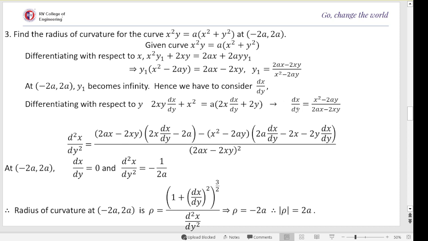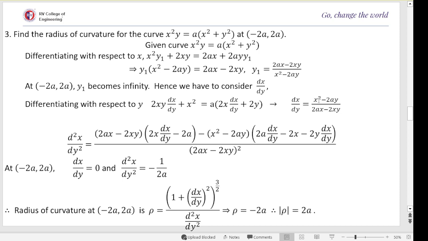So for d square x by dy square, you differentiate this again with respect to y. But you see dx by dy is in the form of u by v. So you have to apply the quotient rule here. So quotient rule means denominator square, 2ax minus 2xy whole square, then denominator into numerator derivative.